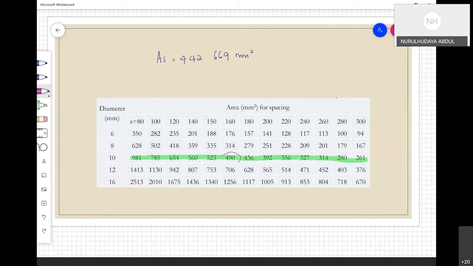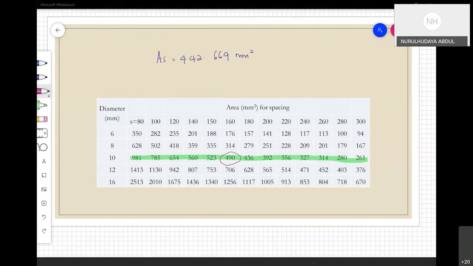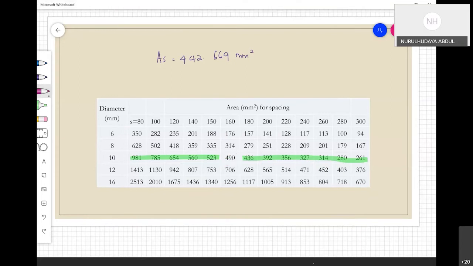442, 490. Okay, alright. Ataupun tak salah kalau kita provide besar sikit lagi sebab sebenarnya pun tak adalah beza sangat. 490 dengan 523 tak besar mana. So you boleh je ambil lebih besar sikit. Sebenarnya kalau you design tak semestinya you mesti dekat gila dengan that number. Kalau you provide lebih sikit pun tak apa. Okay.